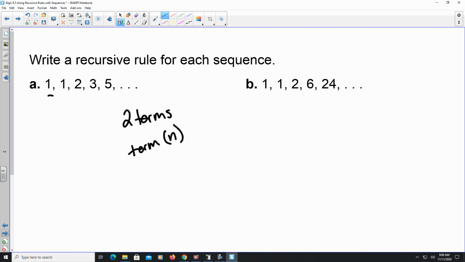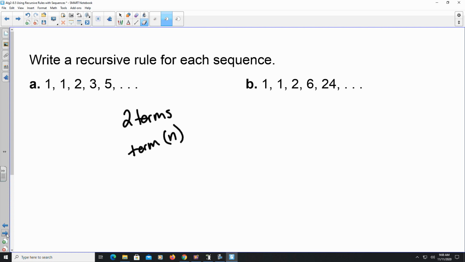So if we look at example A, I get 1, 1, 2, 3, 5. What I notice is if I took the first two terms, 1 and 1, and added them together, I'd get 2.